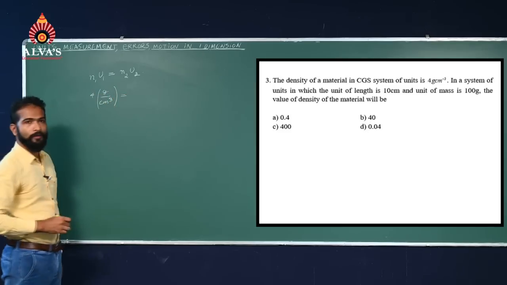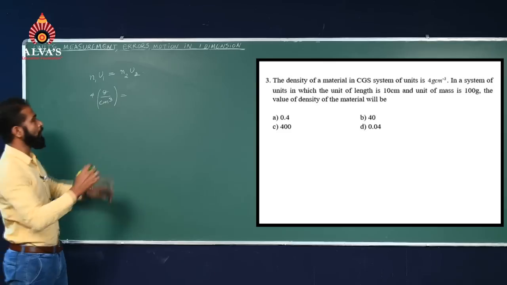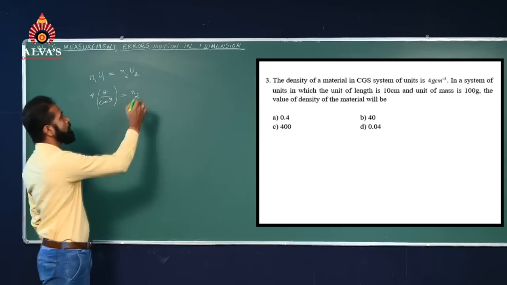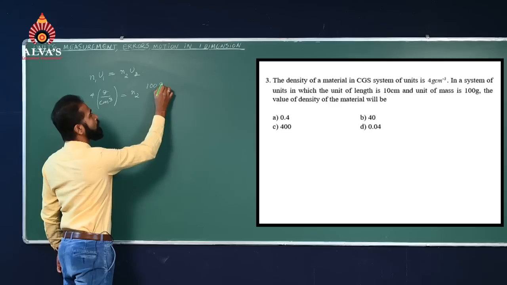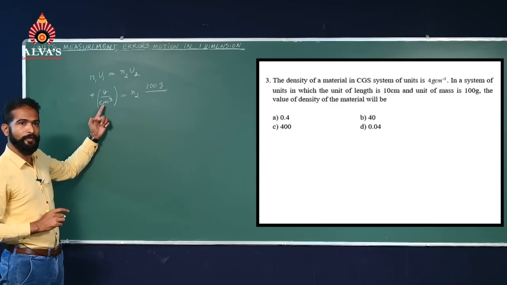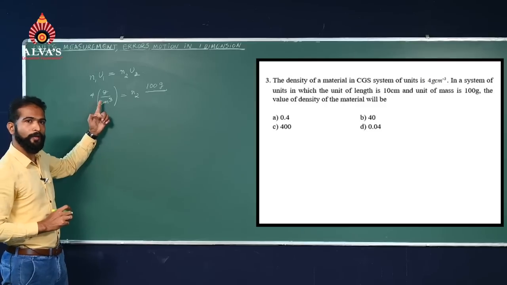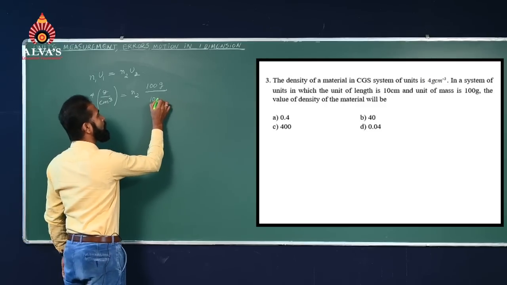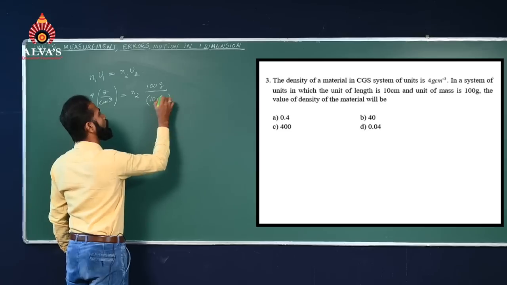In the next unit, we have to find the numerical value n2, but its unit, instead of gram, is 100 gram, and the volume will be cm cube, but here it is not centimeter. Here it is given as 10 centimeter, so that becomes 10 centimeter whole cube.